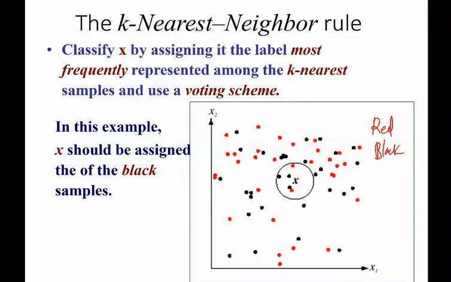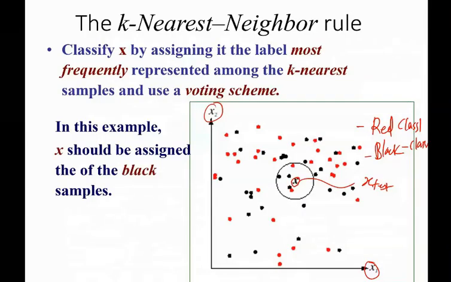So what I mean here is, say this is a 2D case, this is my variable x1 and this is my variable x2, and this is a spread of data. So red is suppose class 1 and black is class 2. And suppose this x is given to you as x test. You want to classify this.